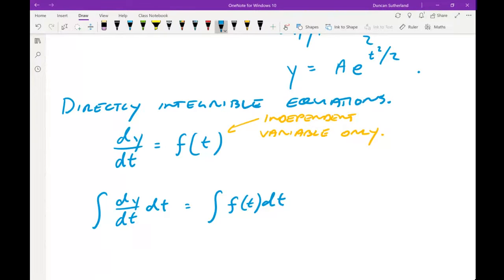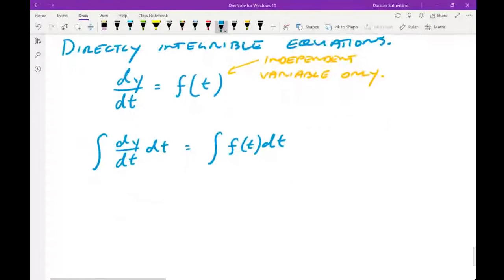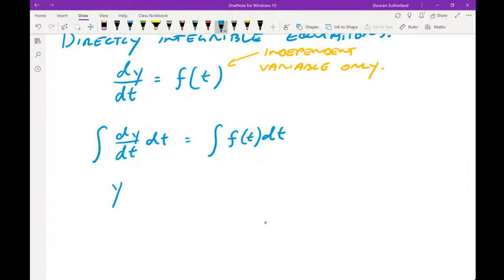By the fundamental theorem of calculus, which says that integration is inverse differentiation, you have the general solution. So that's what we call a directly integrable equation.